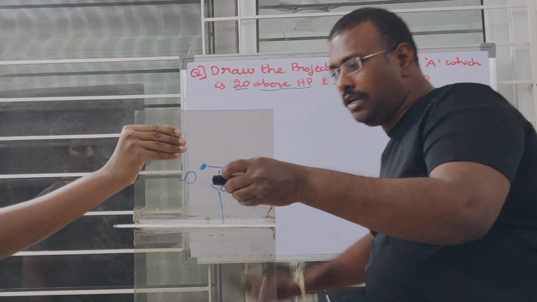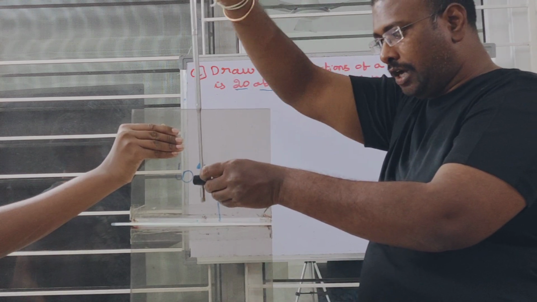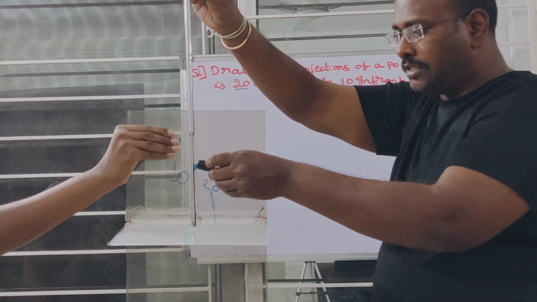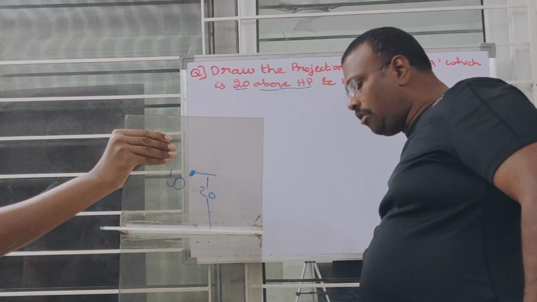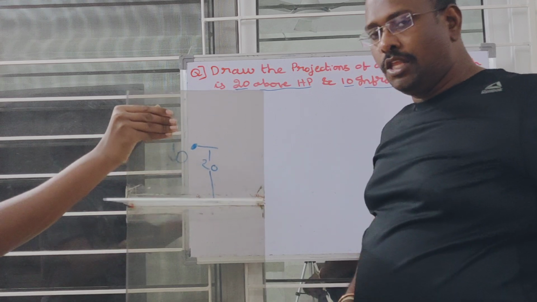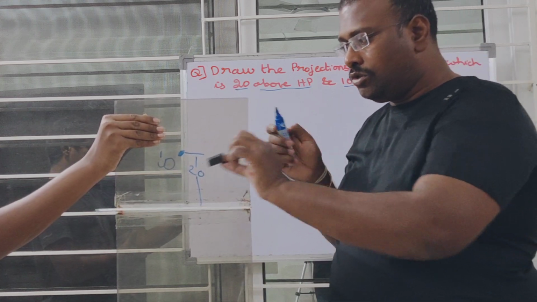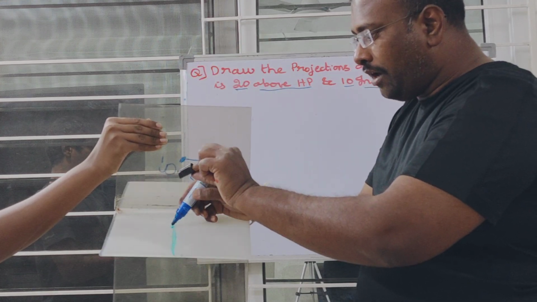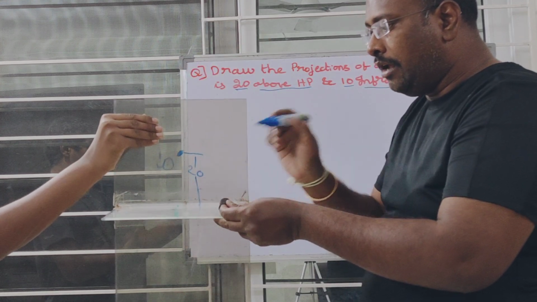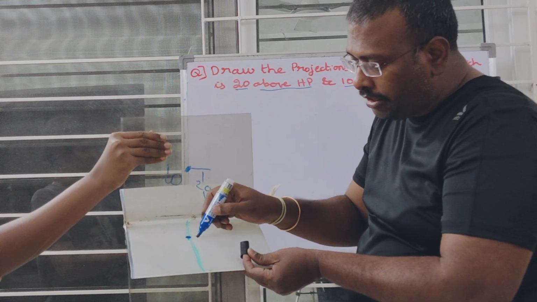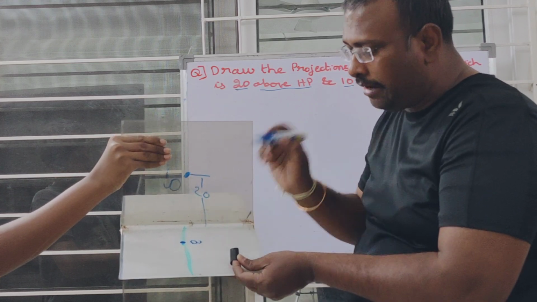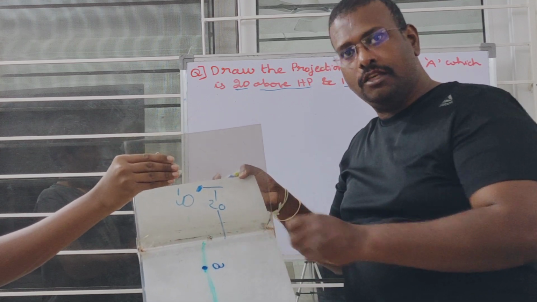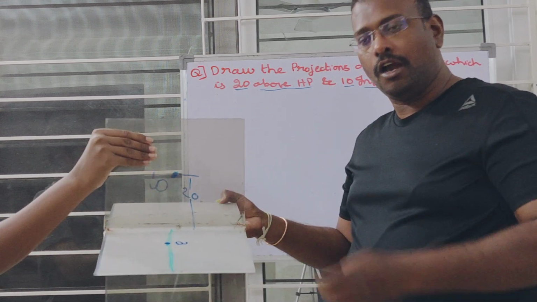Once the observer is viewing from the top, the projector comes and falls here. So this is the shadow of the top view. Once the point is here, the projector travels and falls at this location. This is considered as small a, because you are already aware that the top view is represented with a small letter a.